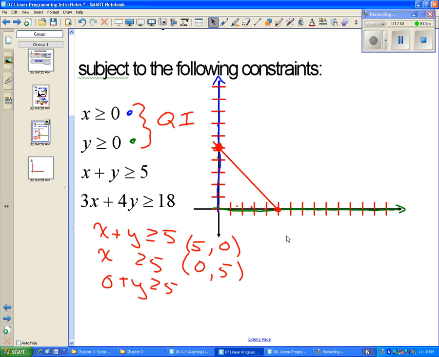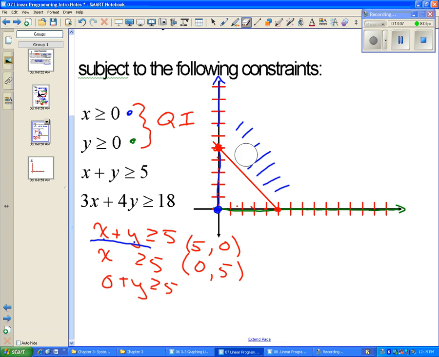Notice for this one, I want greater than or equal to 5. If I plug in the point 0, 0, my origin, 0 plus 0 is not greater than or equal to 5. So for this line, I'm going to want what's above this line. So I want all of quadrant 1 that's above this line, but not what's inside that little triangle.